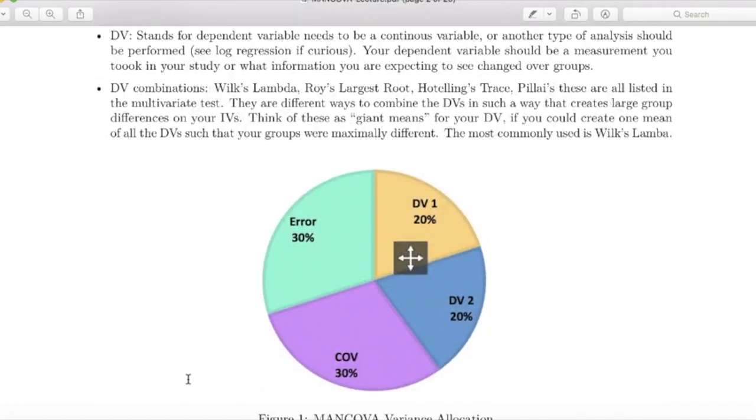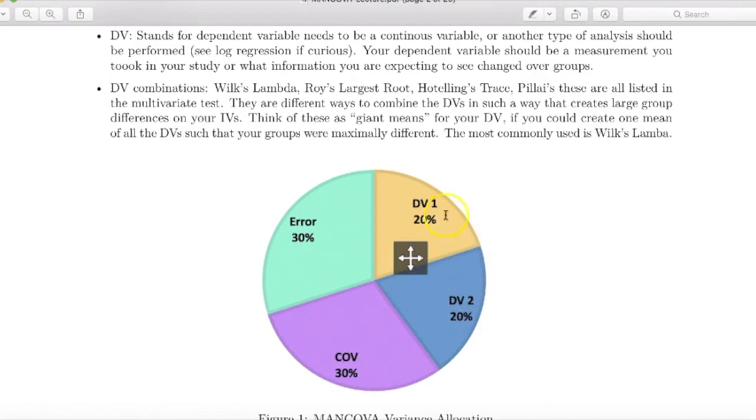So some notes on the covariate. Remember, we have like this 100% variability in our study. And what we're trying to do is see how much the dependent variables are going to explain, but we also suspect that our covariate could explain some of the total variability in our study.